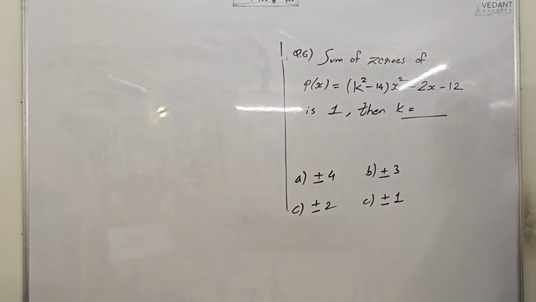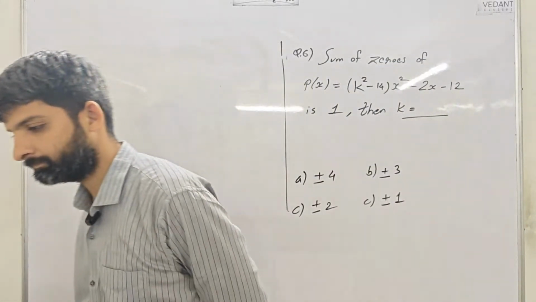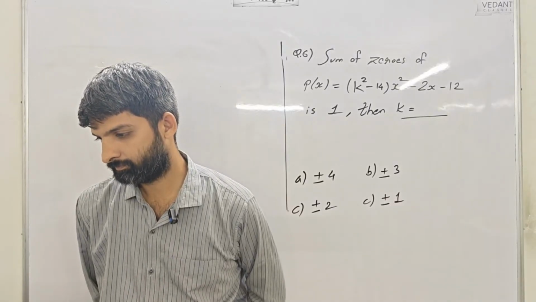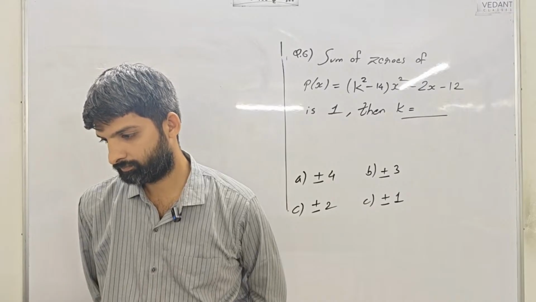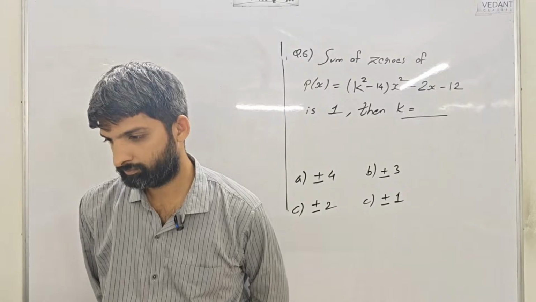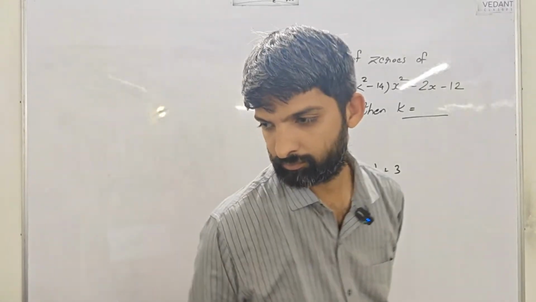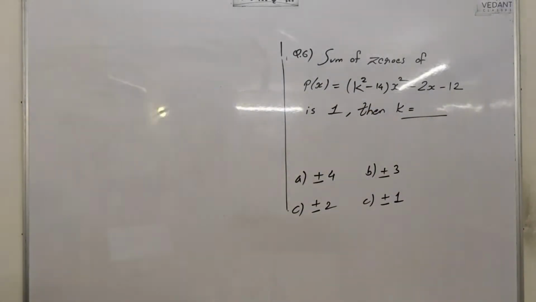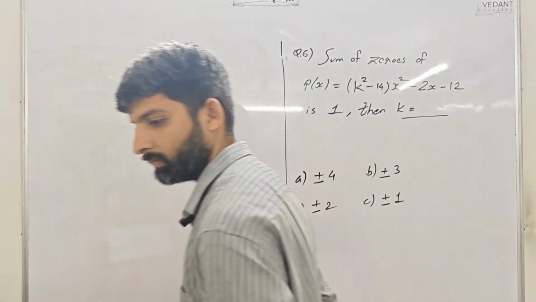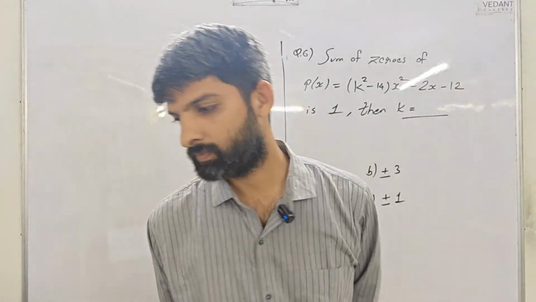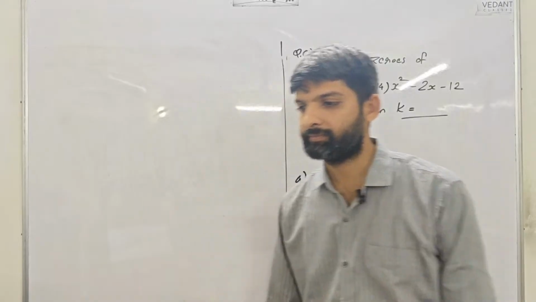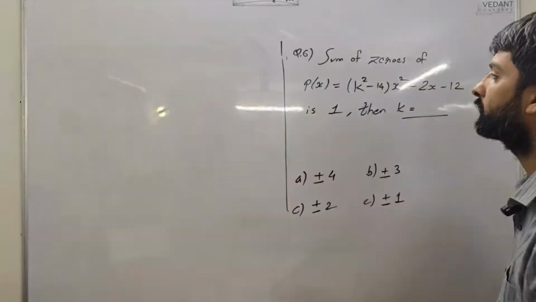Okay, what is the answer you are getting? Sum of zeros is given. Okay, all are saying option A. Okay, let me solve question 6.